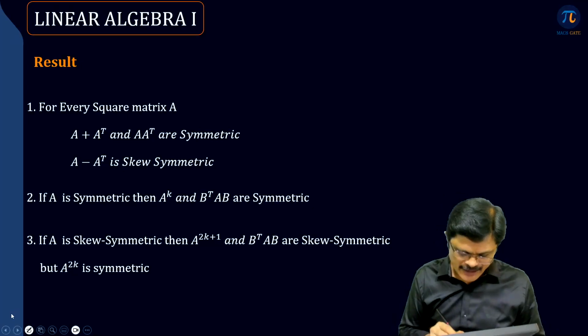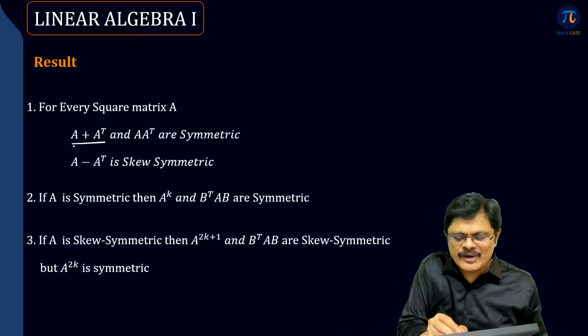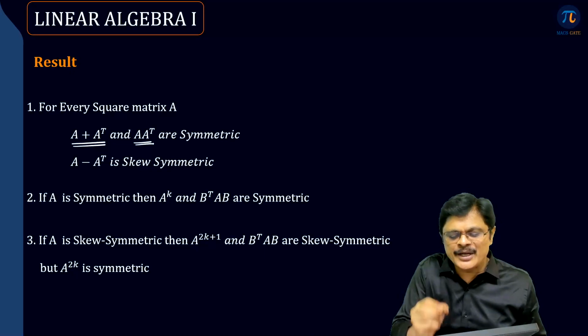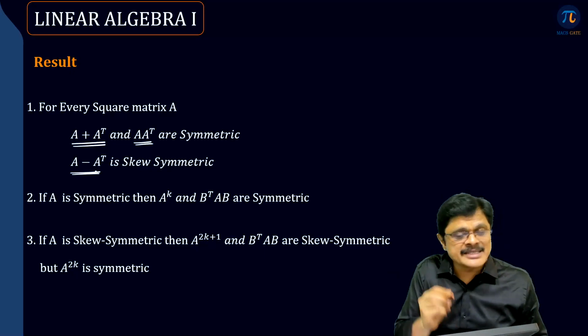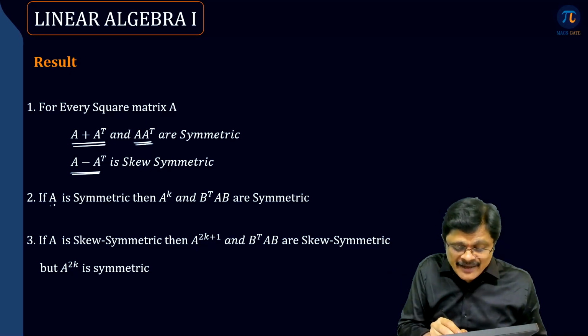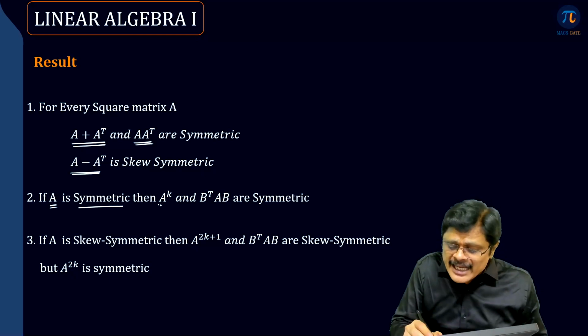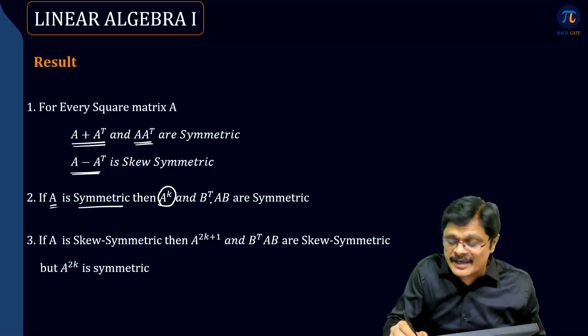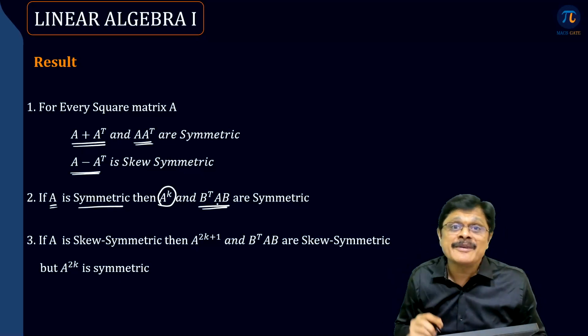That's it. So we have some beautiful properties. For every square matrix, A plus A transpose and A into A transpose are symmetric. A minus A transpose is skew symmetric. And if A is symmetric, any power of A you take is also symmetric, and B transpose AB will be symmetric.